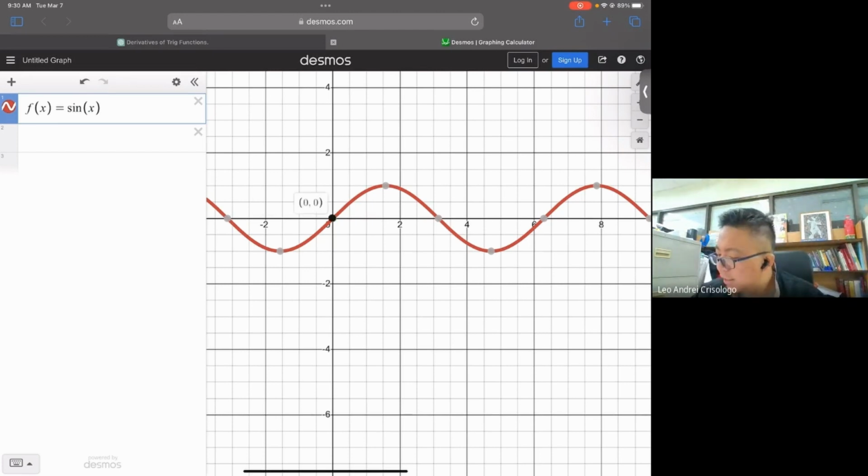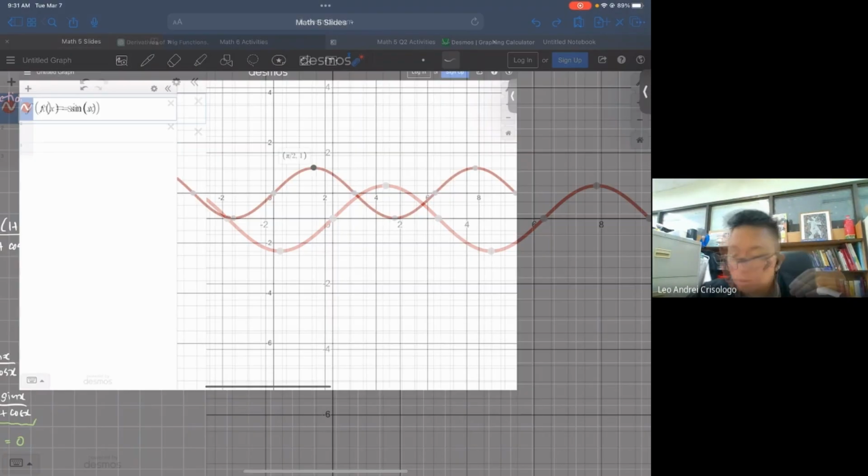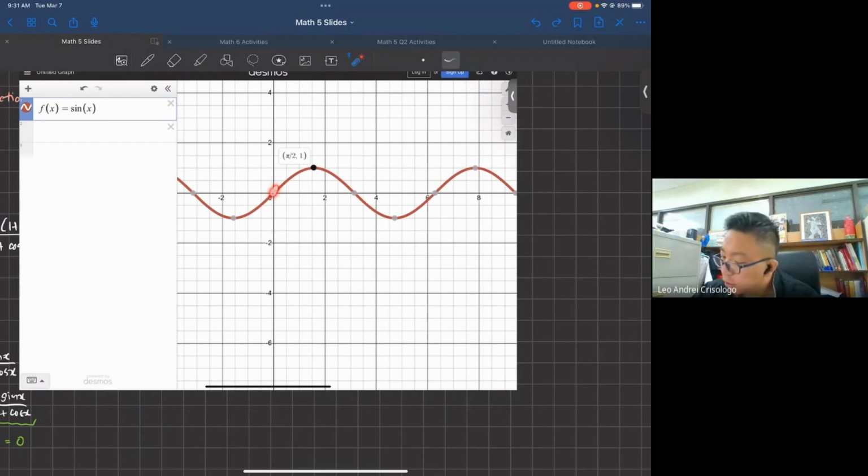Then as we move up the function, notice the slope is still positive, pero pababa ng pababa until umabot tayo ng slope natin dito na 0. So 1, pupuntang 0 dito, then bababa until maging -1, then mag-0 dito.